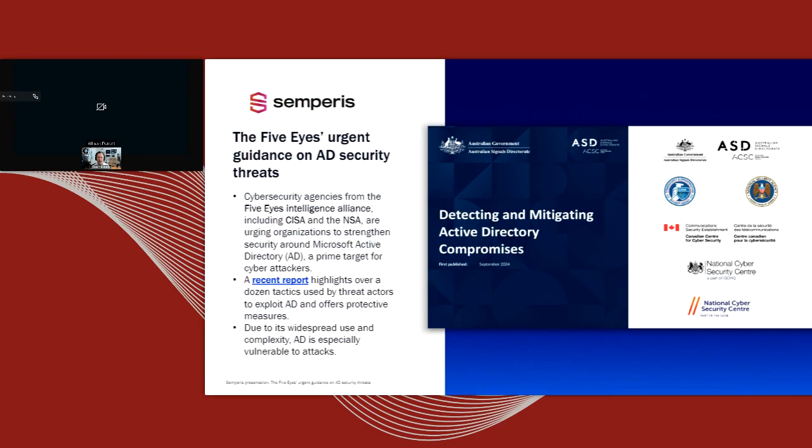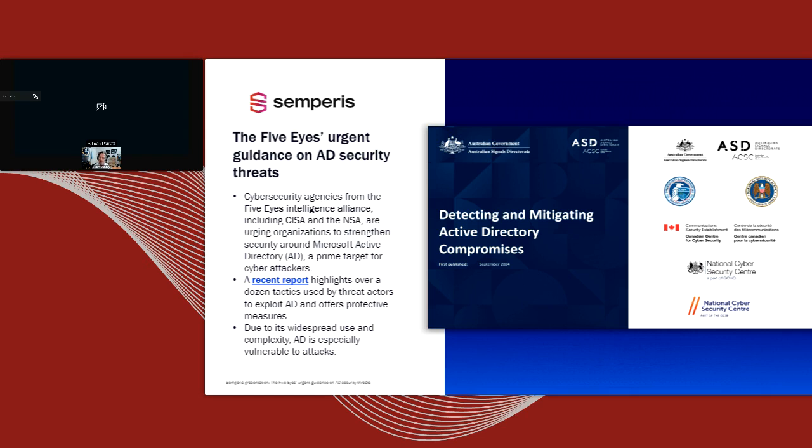In September, an intelligence alliance called the Five Eyes, I don't know if you're familiar with it, came out with a remarkable document. The Five Eyes is an alliance of the United States, Canada, Great Britain, Australia, and New Zealand, and those intelligence communities share intelligence information.